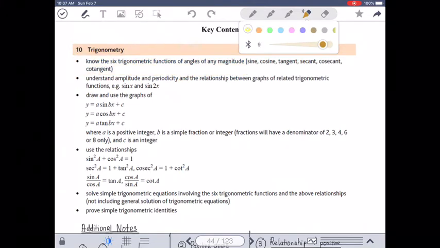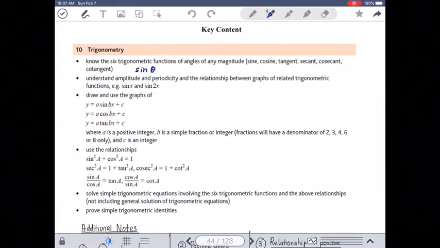Basically, this is just sine theta, cos theta, tan theta, and sec theta, cosec theta, cot theta.